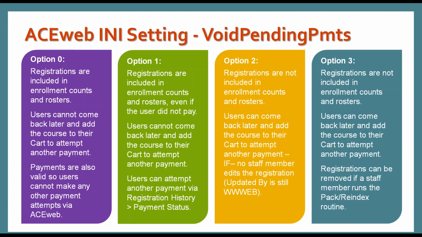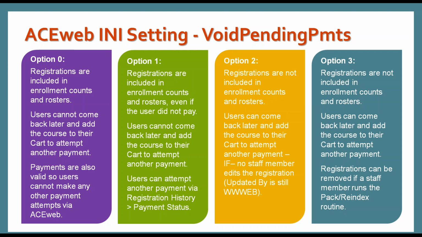And finally, option 3, this is the most thorough option. So your registrations and your payments are going to be pre-deleted and voided, which is going to give the person the ability to come back, re-add the course to their cart, and try to make the payment. These people are not going to show up in your rosters. They're not going to tick the enrollment counts up on your courses. This is the most thorough method to handle payments that are non-legitimate payments.